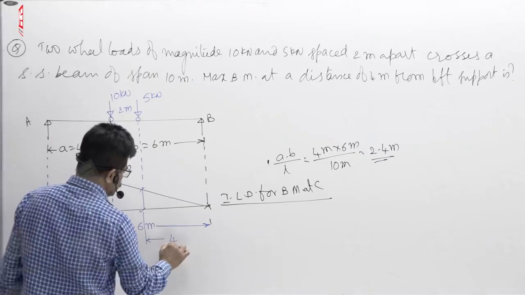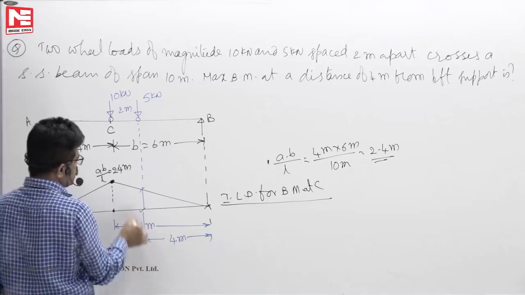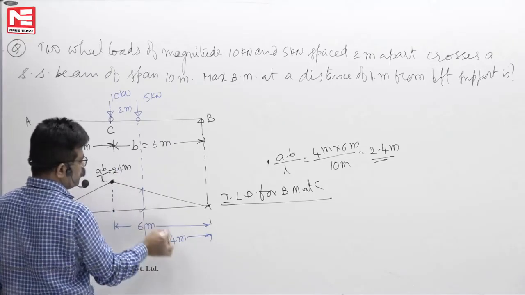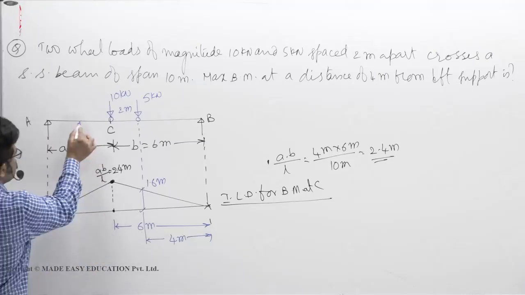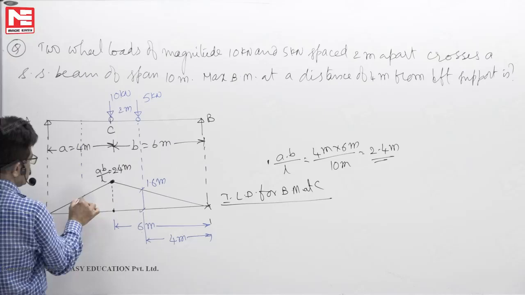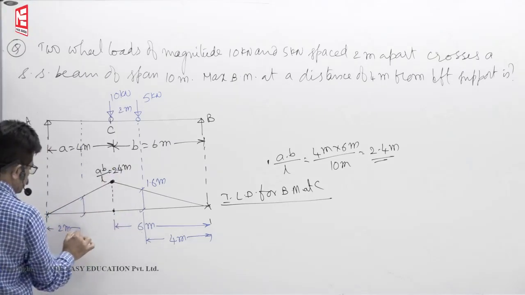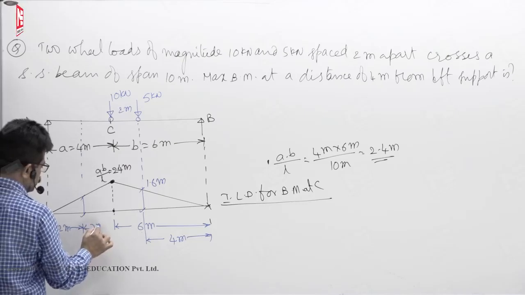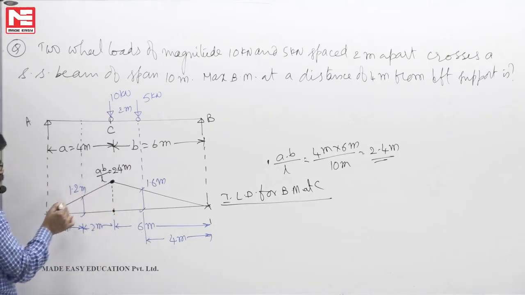This is 4 meters. For 4 meters, 6 into 4, you are getting 2.4. 4 into 4, 1.6 meters. Now you see, if at all I keep here, let us say, at 2 meters distance. For 4 meters, 2.4; for 2 meters, because this length is only now 2 meters, 1.2. 2.4, 1.2, 0.